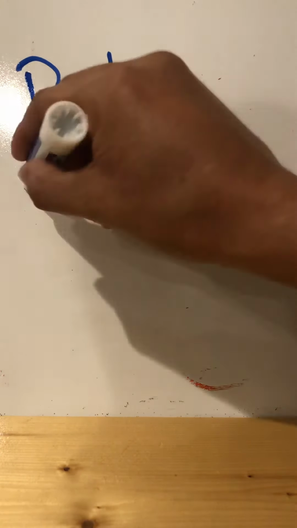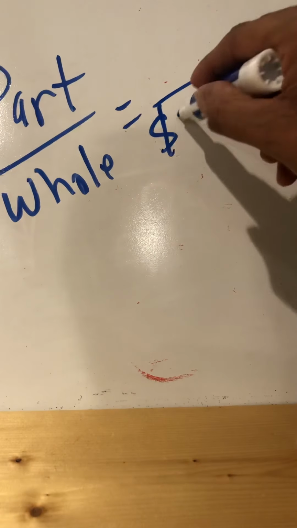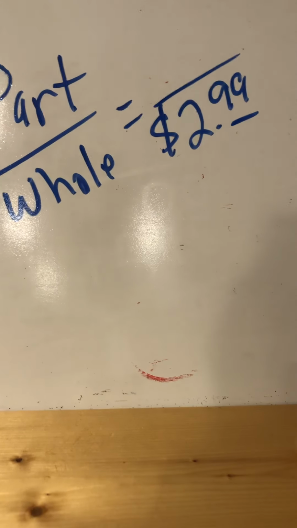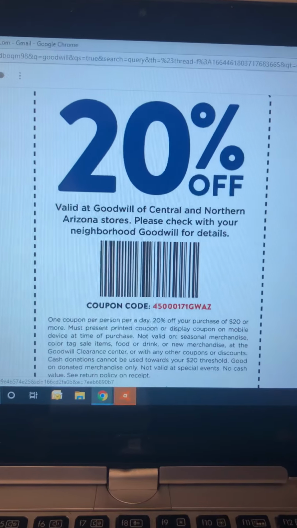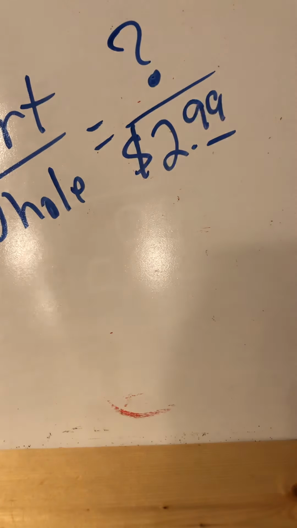So, for example, the whole price of this Ninja Turtle was $2.99, but part of it was taken away because remember, I was able to use my 20% off coupon. That means that something was taken away because a discount means an amount gets taken away.